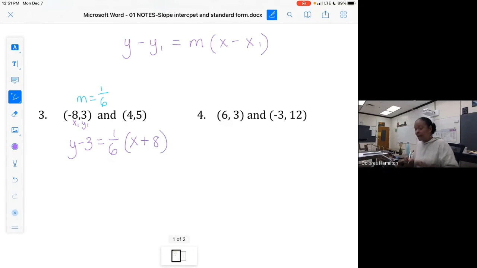So I could put that as x plus 8. Or if I wanted to use 4, 5 as my point instead, my equation would look like this. Y minus 5 equals, my m is still the same, 1/6, x minus 4.